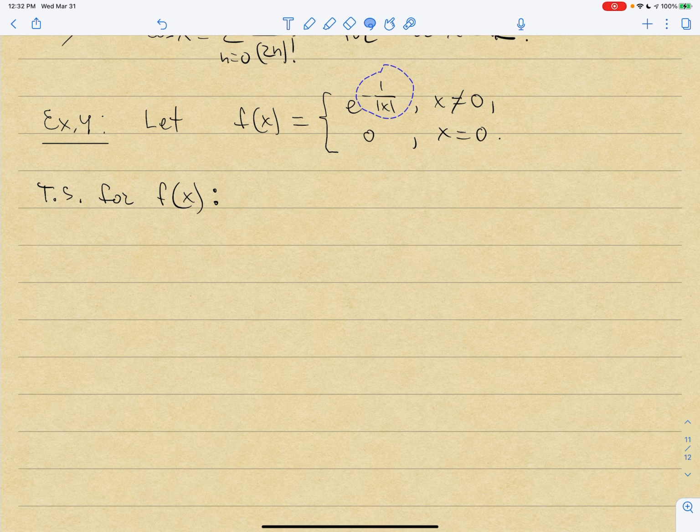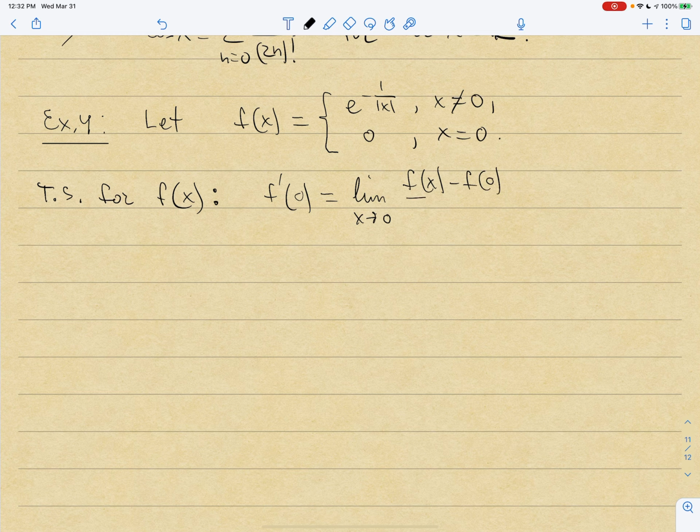Okay, so if I want to compute a derivative at 0, then what should it be? By definition of a derivative, f prime of 0 is a limit as x goes to 0 of f of x minus the same function evaluated at 0, over x minus 0.